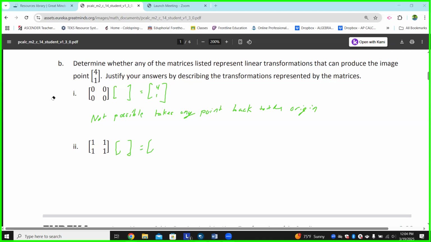Let's see if that helps. Seems to be. All right, so anyone come up with something? Wow, that was weird. Did you hear that?